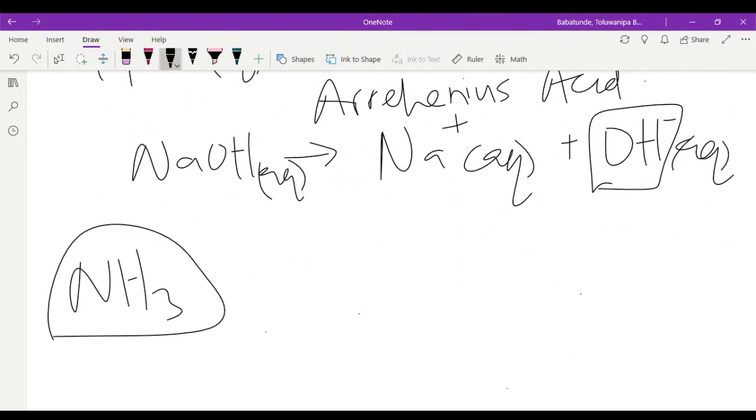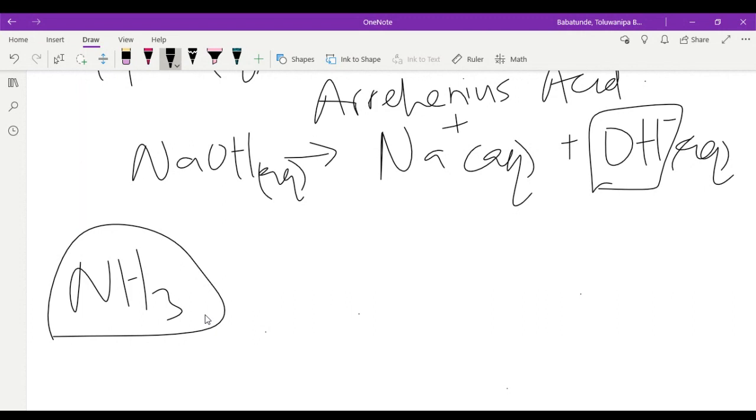However, ammonia is not going to dissociate to produce hydroxide ion. So in the Bronsted-Lowry definition, an acid is a proton donor, and a proton acceptor becomes acceptable as a base. So we have Bronsted-Lowry acids, which are hydrogen donors, and Bronsted-Lowry bases, which are hydrogen acceptors.